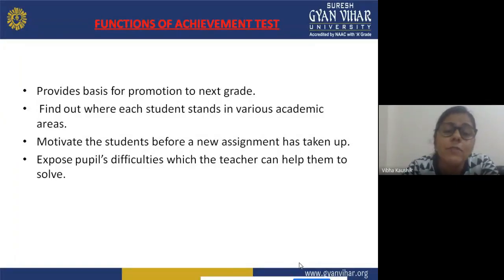With the help of the achievement test, we will be able to know how much a student has learned, and on the basis of their outcomes, we can identify where each student stands in various academic areas. Various academic areas can be mathematics, English, Hindi, science, anyone.